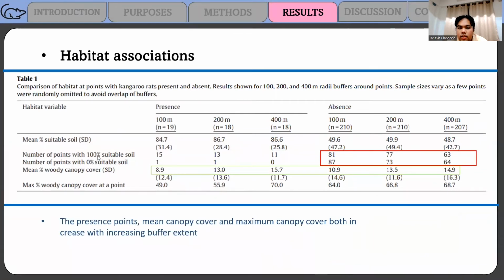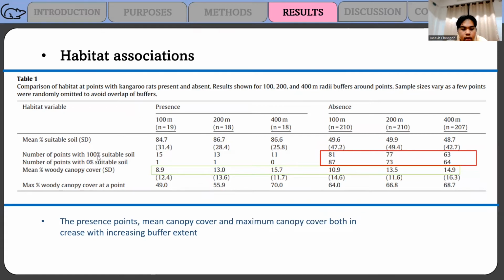Let's move to results. The first is about habitat association. This table shows a comparison of habitat at points with kangaroo rat present and absent. Results are shown for 100, 200, and 400 radius buffers around points.